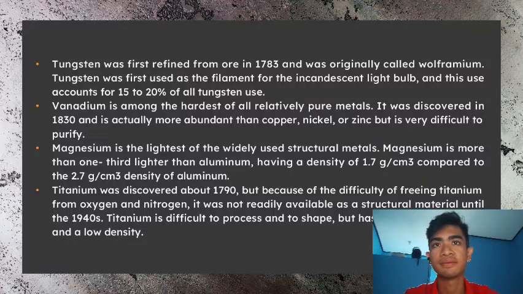The major use of tungsten today is in the form of tungsten carbide, which is a very hard, wear-resistant material. Carbide drills and machine tools account for 65 to 70% of all tungsten use and are found throughout the home and industry. It is interesting to know that tungsten, which is a very brittle, high-strength material at room temperature, can be fabricated into the fine wires required for light bulbs.